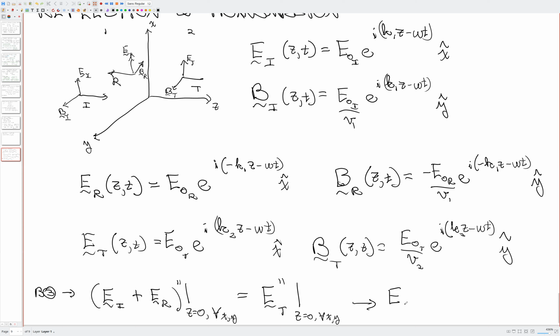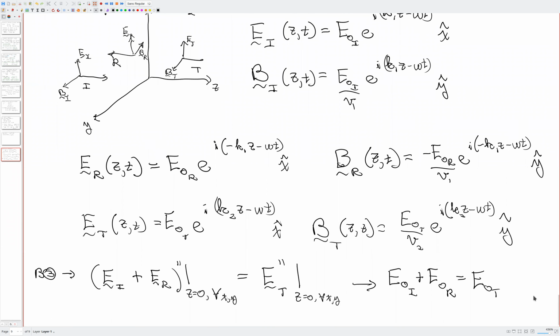So the amplitude of the incident plus the amplitude of the reflected has to be equal to the amplitude of the transmitted. Okay, that's it. So you see here, I'm putting Z is equal to 0, right?